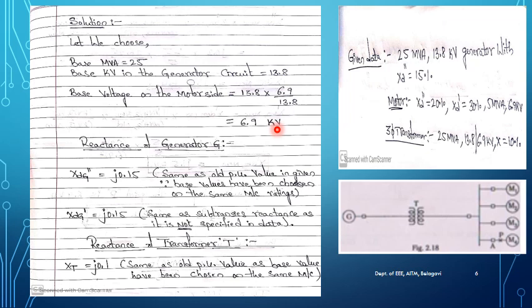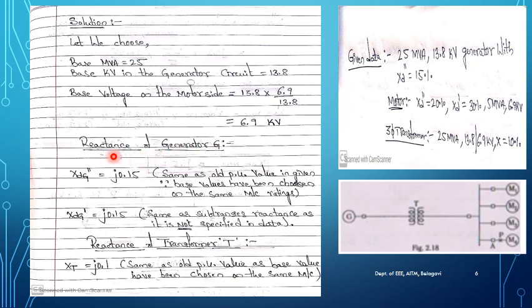Now similar to our previous problem, we need to find the reactance of each component. For that, first we need to identify the various components. We have the generator, followed by the transformer, then the various motors. For each component we need to find its respective reactance value.